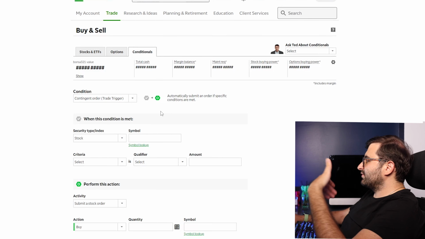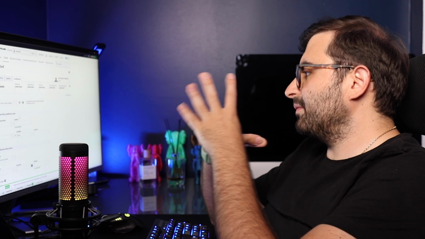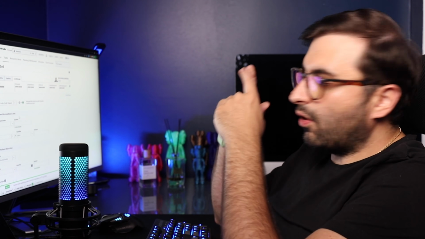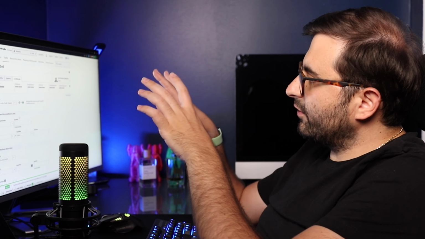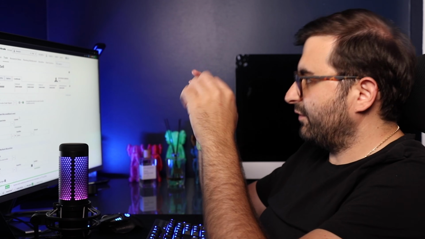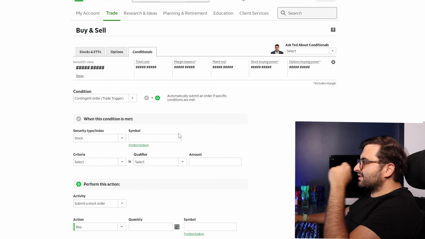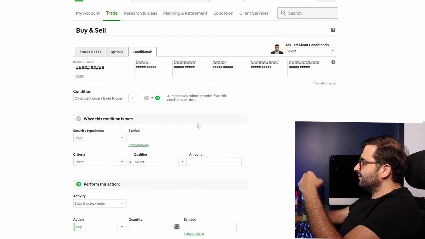So let's continue with the most favorite one, which is trade trigger. This is the first time that I am seeing this order type in all broker companies. This order type is my absolutely favorite one. So let's see what it is. It will automatically submit an order if specific conditions are met.